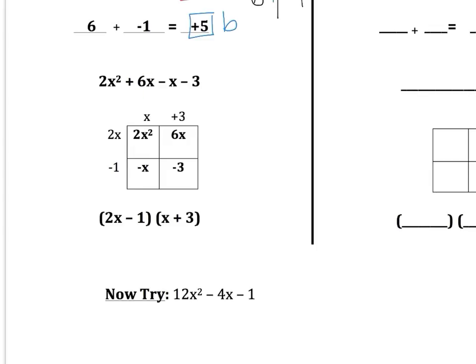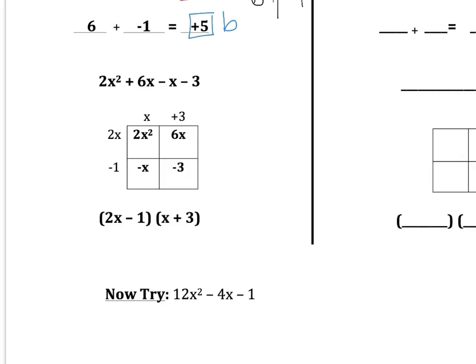The two terms I split, I will put one over here and the second over here, and the constant will go on the bottom right. Again, if you switch those in the box, it doesn't really matter, as long as you put each one of them in the box.